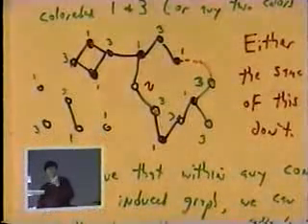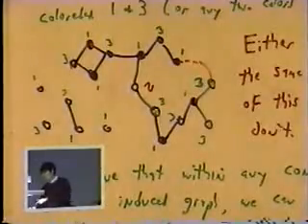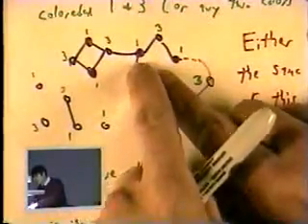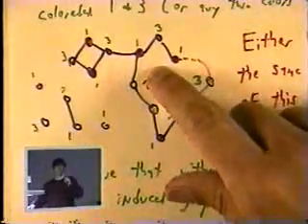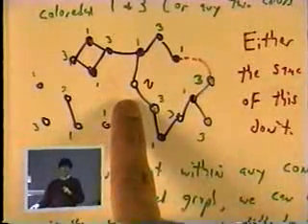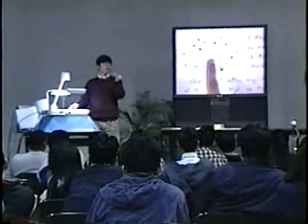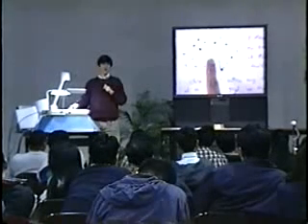Is there any problem that might happen, though? Let's think about that. Suppose I take this connected component and reverse the roles of 1 and 3. Am I definitely going to free up a spot for color 1? Is there any reason I might not free up a spot for color 1?